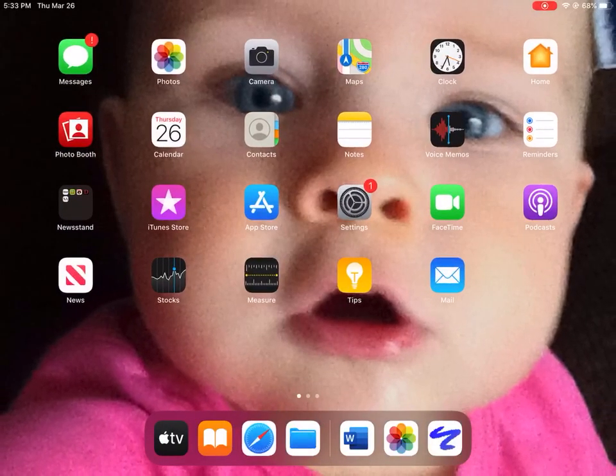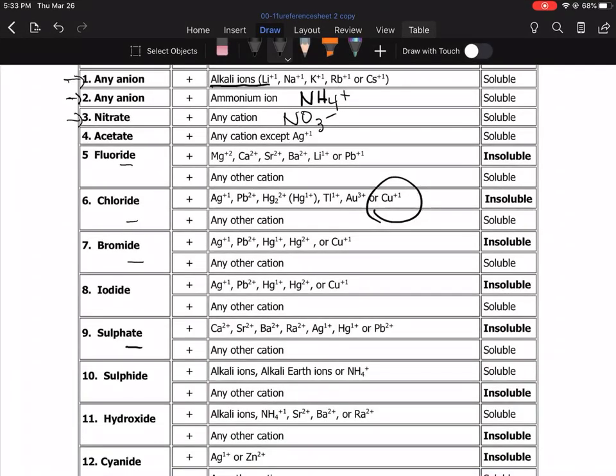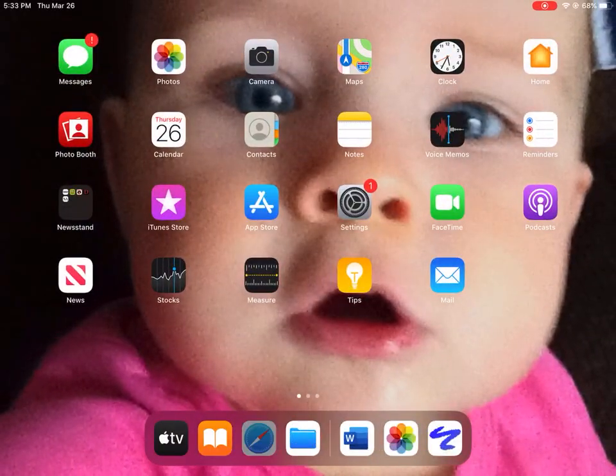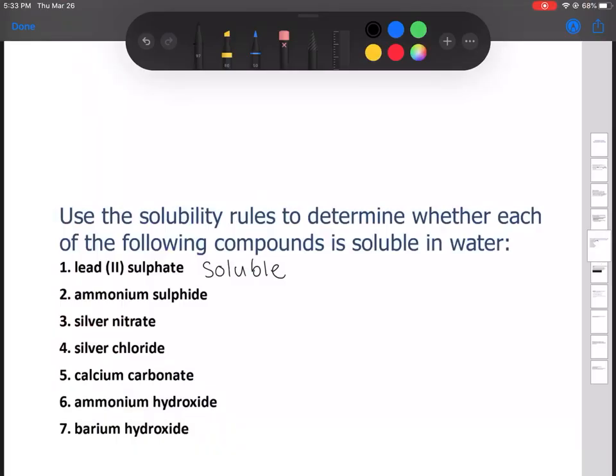For number 2, you have 2 options. You can look at the ammonium ion, which I said was always soluble, or you can go down to sulfide. Here it is in row 10, sulfide plus alkali ions, alkaline earth ions, or NH4, there it is going to be soluble. So that's what this first section gets you to do.